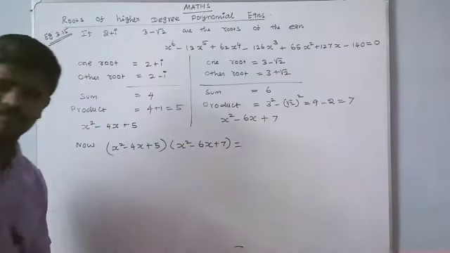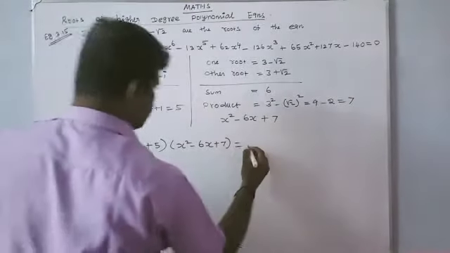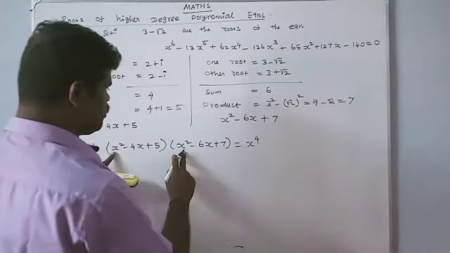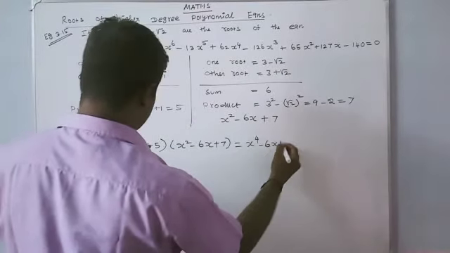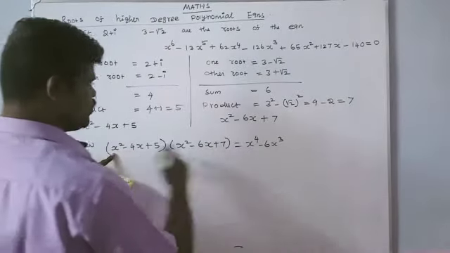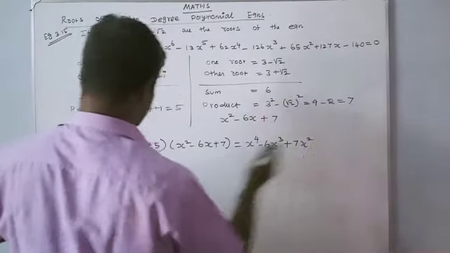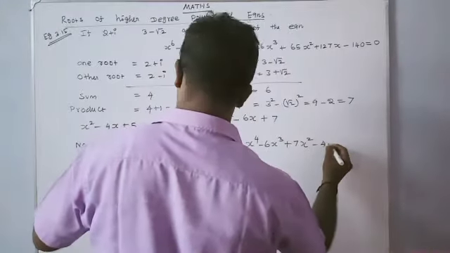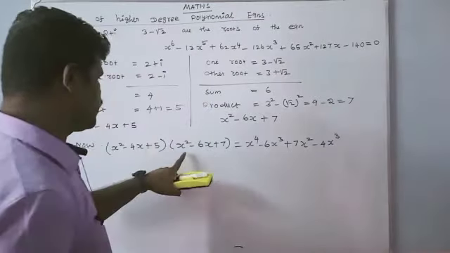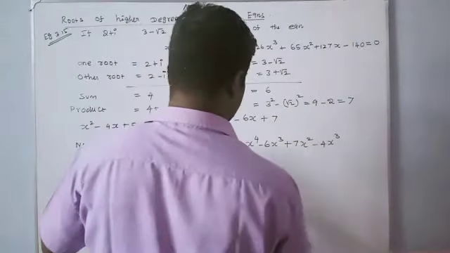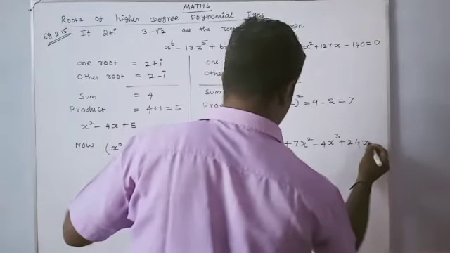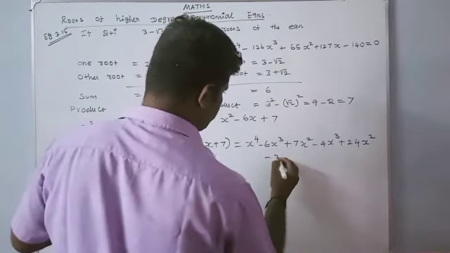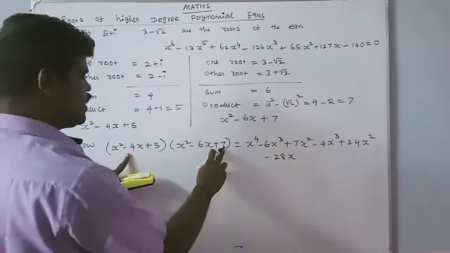Taking x squared: x power 4 first term, minus 6x cube, plus 7x squared. Taking minus 4x: minus 4x cube, plus 24x squared, minus 28x.